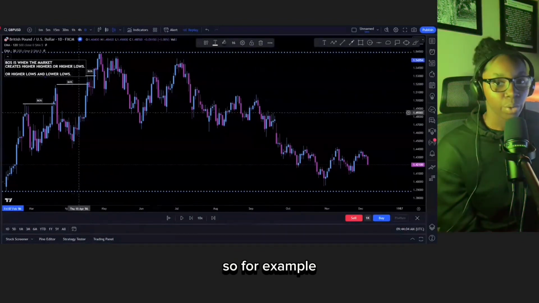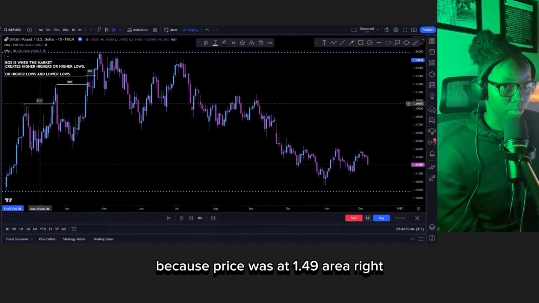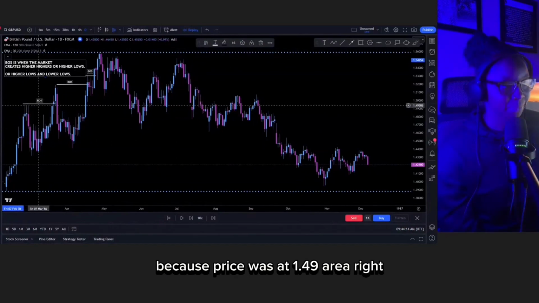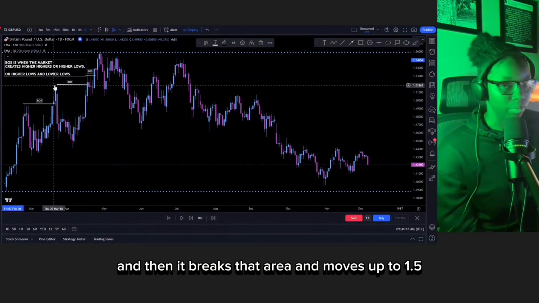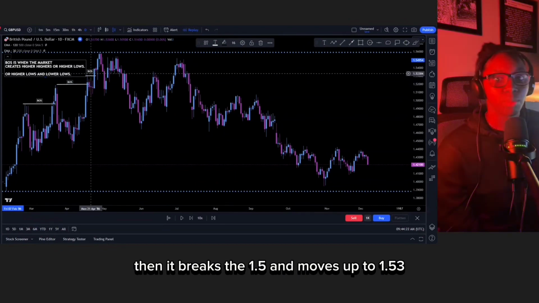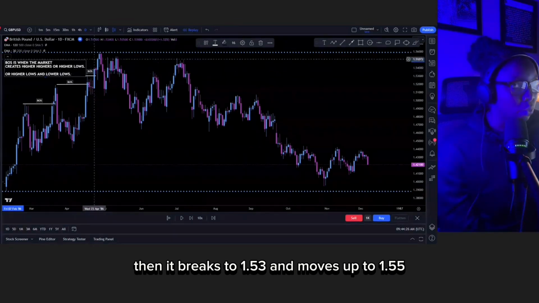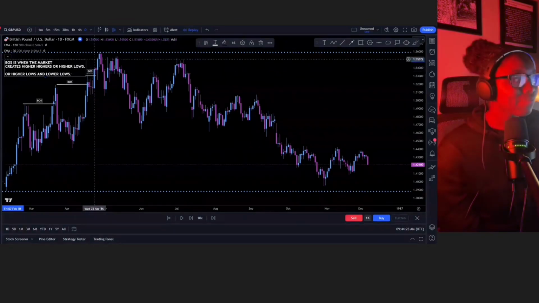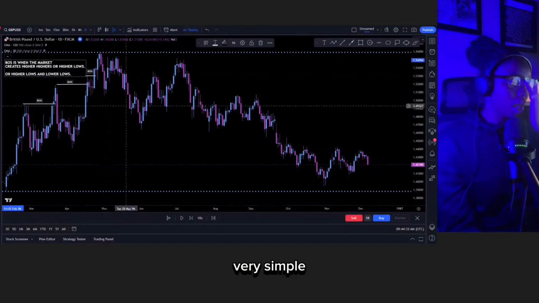For example, this is considered a break of structure because price was at the 1.49 area, right? Then it breaks that area and moves up to 1.5. Then it breaks the 1.5 and moves up to 1.53. Then it breaks the 1.53 and moves up to 1.55. Very simple, right?